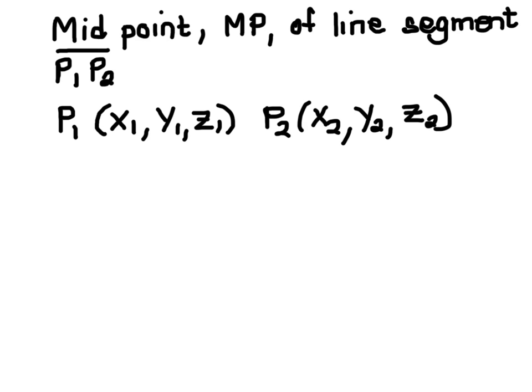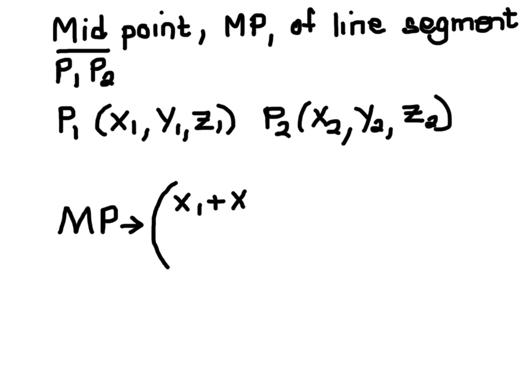And here's the formula for midpoint. It has an x, a y, and a z coordinate. It's the sum of the x coordinates from P1 and P2, cut in half. And your y coordinate is the sum of your y coordinates from P1 and P2, cut in half.